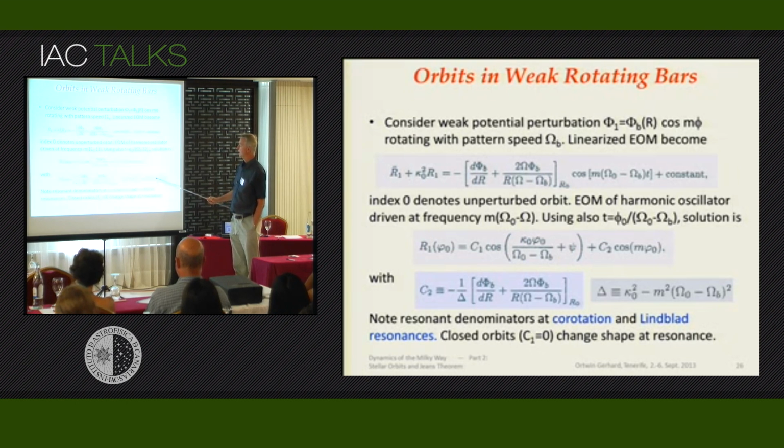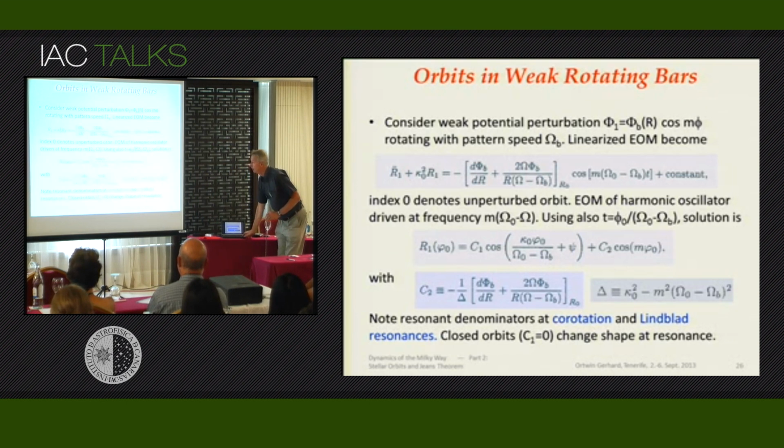And the second is where this quantity delta here becomes zero. This is described as Lindblad resonance. So here the epicycle frequency of the original orbit resonates with m times the relative angular frequency in the frame of the bar.